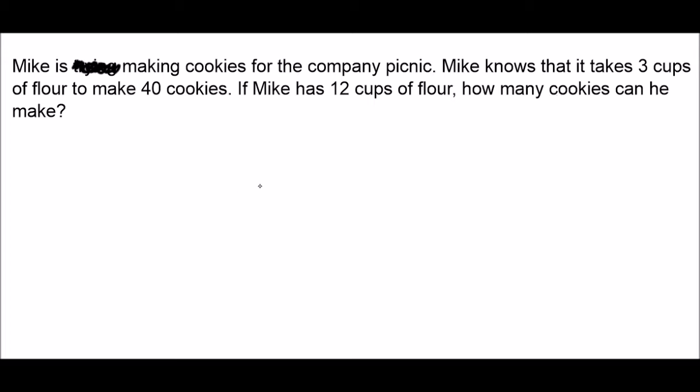So what we're going to do is we're going to set up a proportion in order to solve this. So what I'm going to do when I set up a proportion is I'm going to put matching units on the top and the bottom. So this will be cookies. This will be cookies.